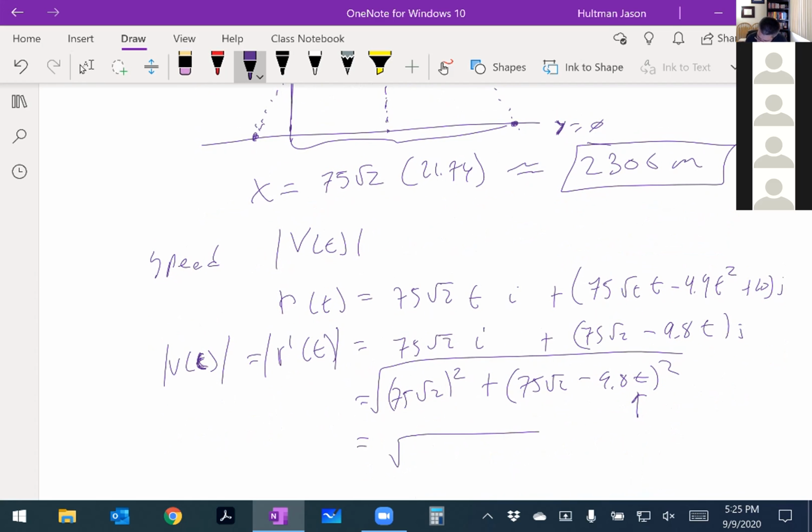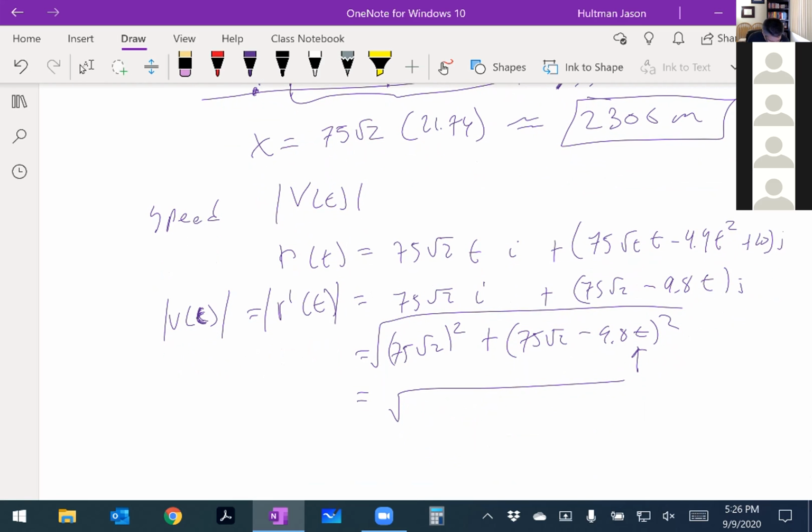So this is the square root of 75 radical 2 squared, which comes out to be 11250, plus 75 radical 2 minus 9.8 times 21.74, all of that squared.